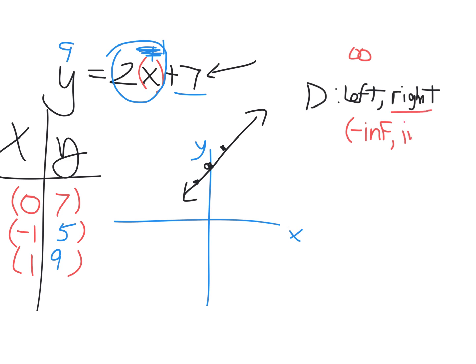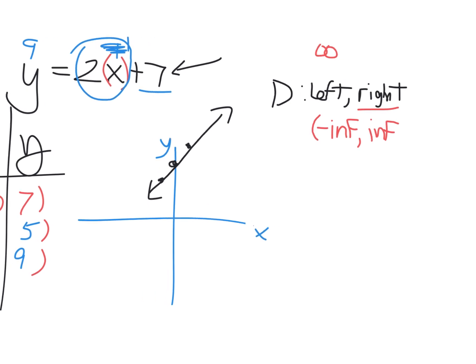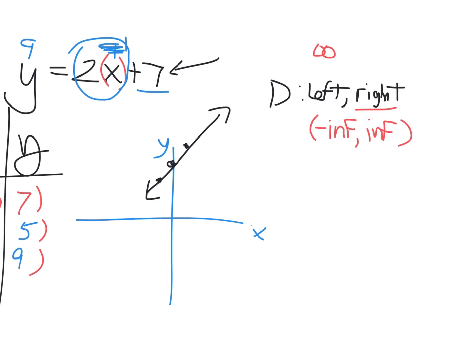Positive infinity, INF. That is called the domain of this function. Those are the x values. Do you agree that the x values run from left to right? See, that's the x-axis. It goes like this. So this function, the black line, it goes forever to the left and forever to the right.